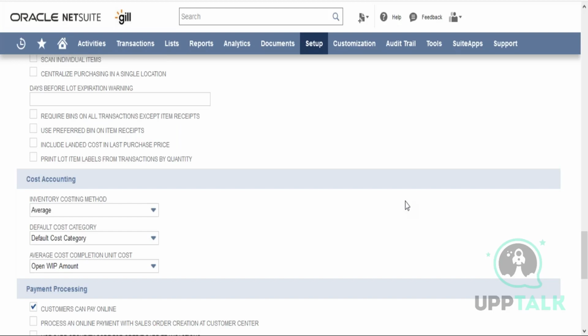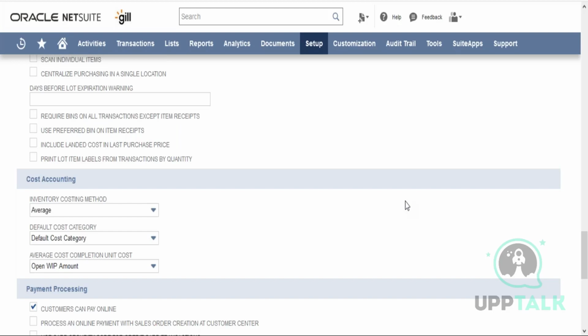Standard costing gives me the variance. For example, the standard cost for the chair is 1,000 rupees. If I buy that chair today at 1,050, it will still keep the cost of the chair at 1,000, and it will put the remaining 50 rupees to the variance account.